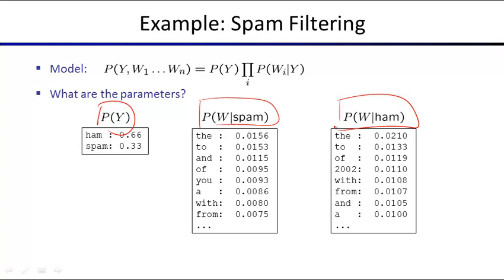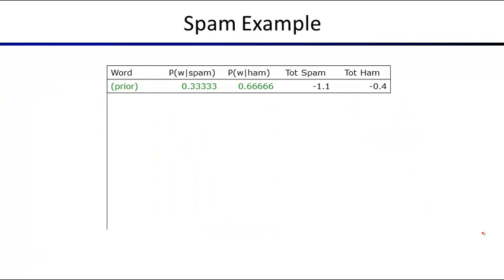This table would maybe go 100,000 deep if you had 100,000 possible words. Let's assume we have this model, and we'll see a couple of ways of getting this model more formally later. And we now get a new email coming in.